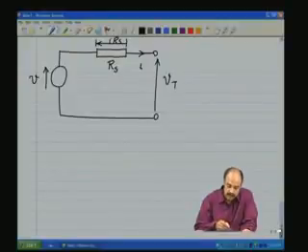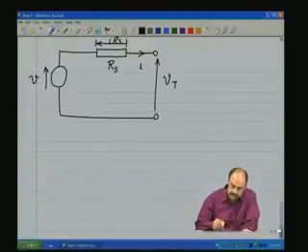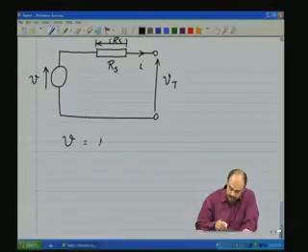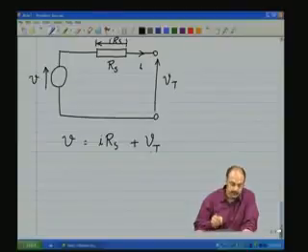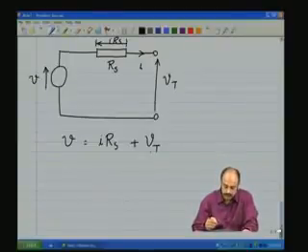That is, current into Rs is the voltage drop across this. So if you look at this entire loop, you see that V is equal to I into Rs plus terminal voltage Vt as determined by the external circuit.